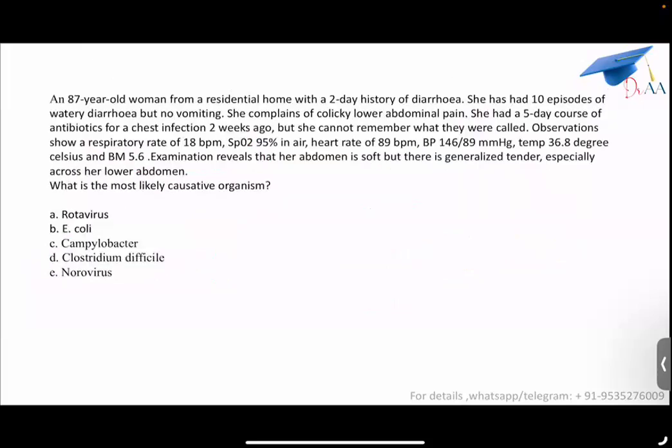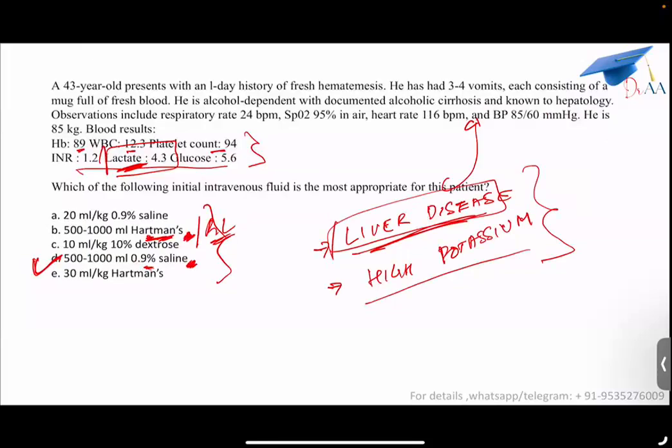Doctor, in the options, if there is a dextrose, the same dose 500 to 1000, for example DNS, is never preferred. Only crystalloids, not colloids. DNS is a colloid. However lower the blood pressure is, colloid is not a preferred fluid for resuscitation.